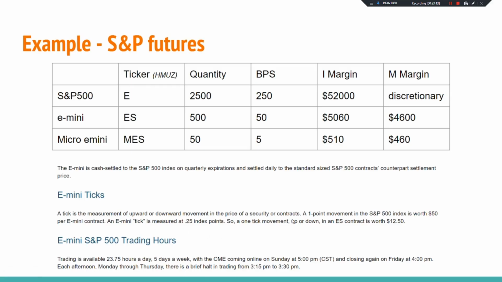So if you're doing the S&P, what is it that you're actually agreeing to take possession of? It's 500 shares. So if it's a full size one, well, let's take the E-mini because it's easier. It's 500 shares of each component share of the S&P 500, whatever that happens to be on that date.